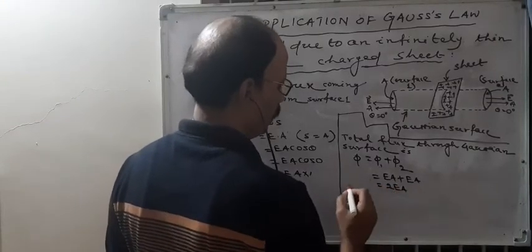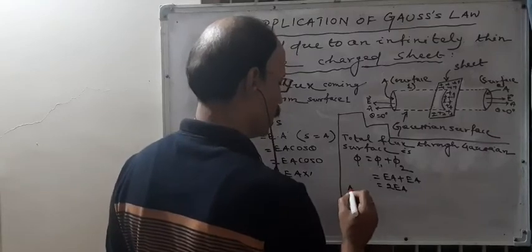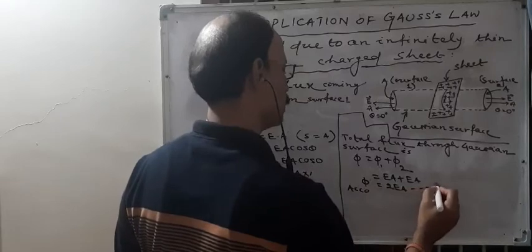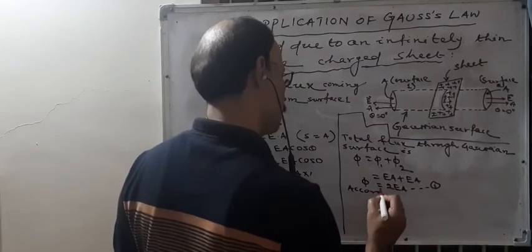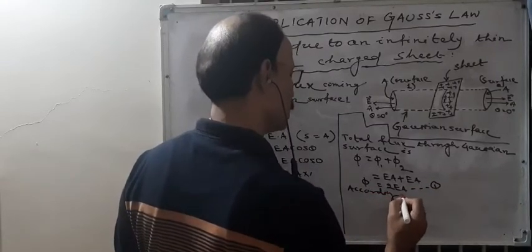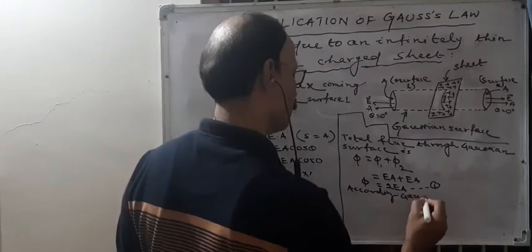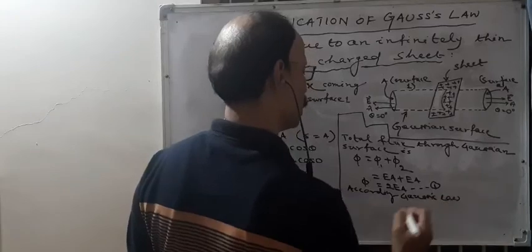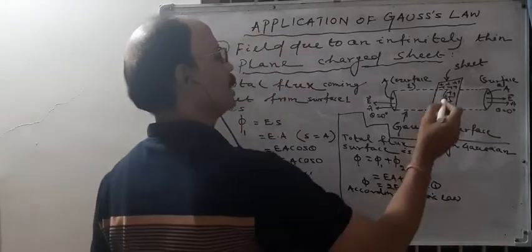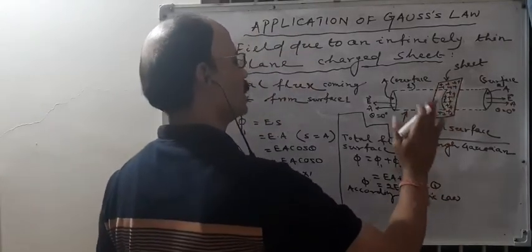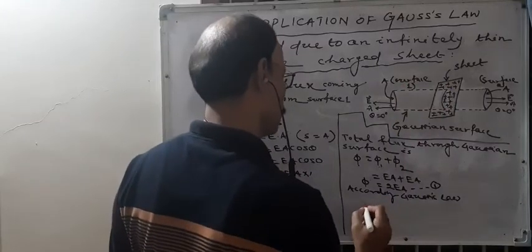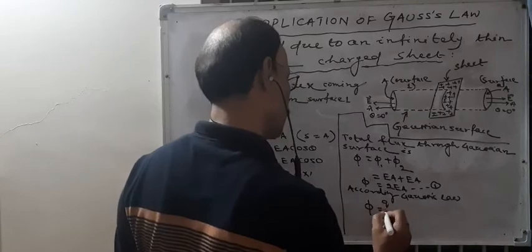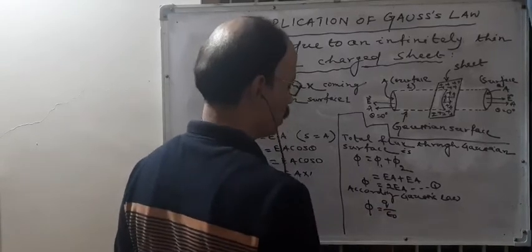Okay, but phi equal to 2EA, equation 1. According to Gauss law, suppose the total charge spread over this thin sheet is Q. So according to Gauss law, total flux will be phi equal to Q upon epsilon naught.